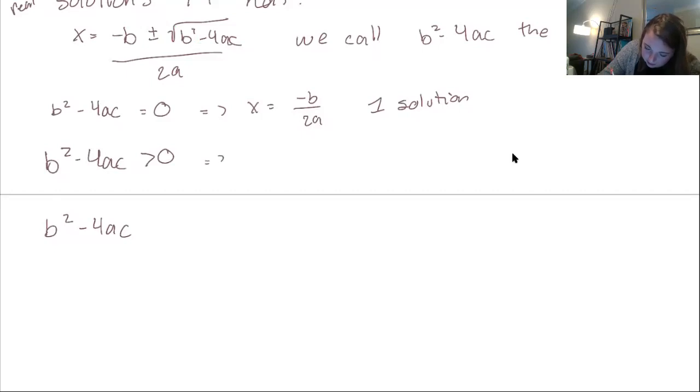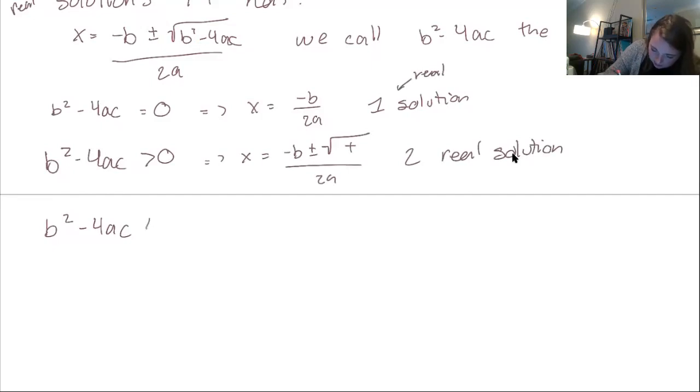So I'm going to have x equal negative b plus or minus something positive under here. And that's going to give me 2 real solutions. Really want to emphasize that these are all real.